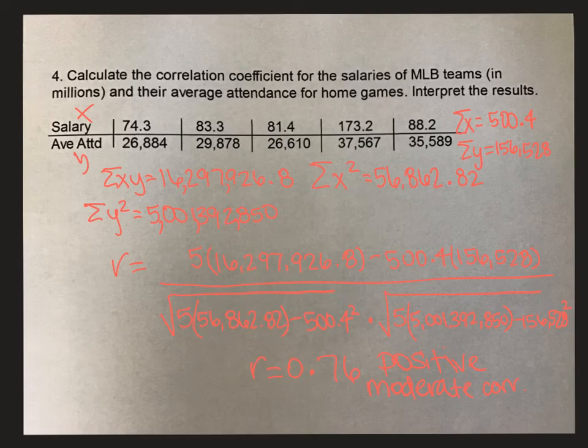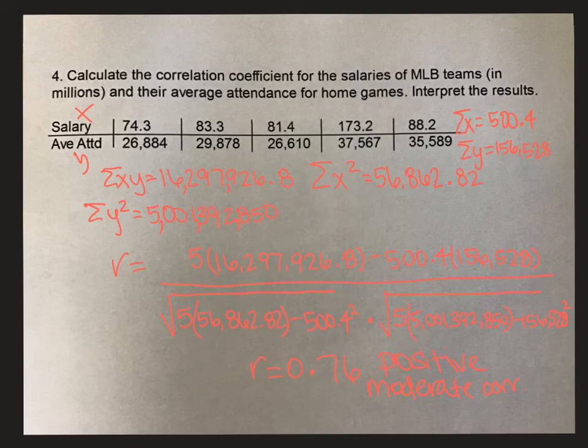Generally speaking, 0.5, whether it's positive or negative, is halfway. I wouldn't really call that strong or moderate. It would just be positive. If it was less than 0.5, it would be a weaker correlation. If it's between probably 0.6 and 0.8-ish, it would be moderate.